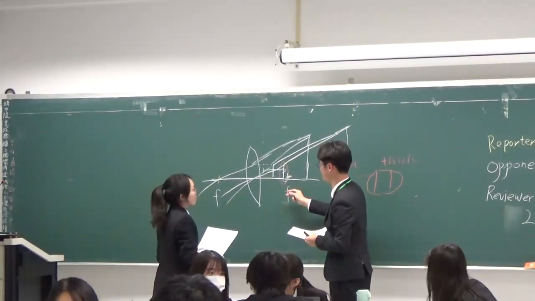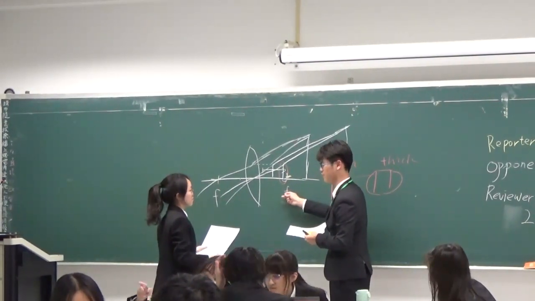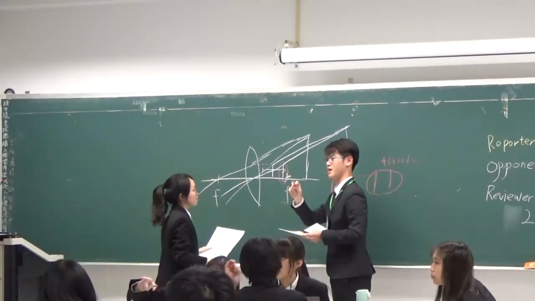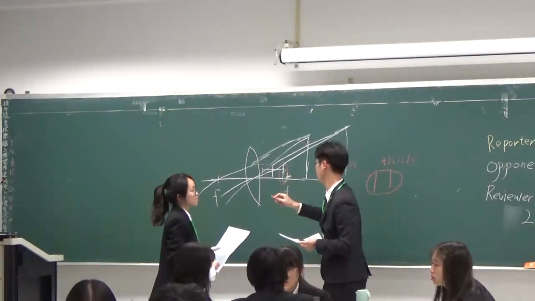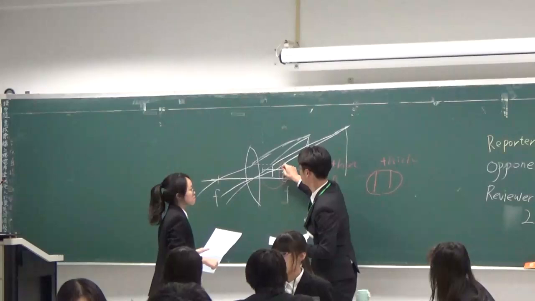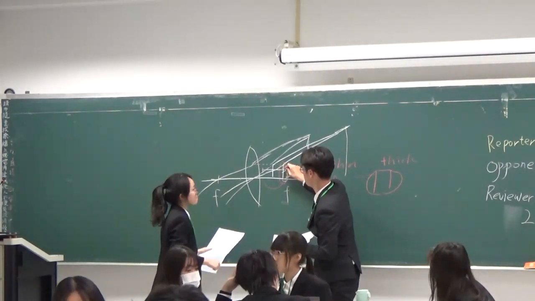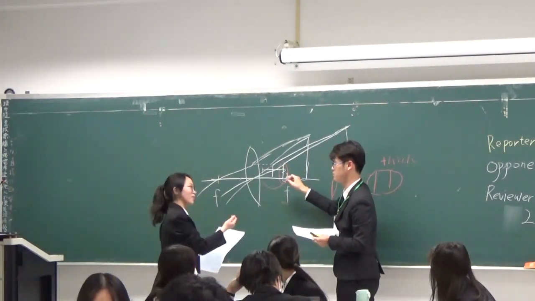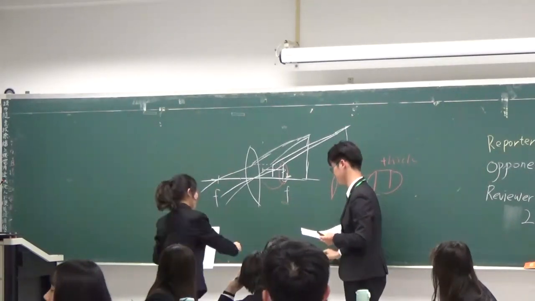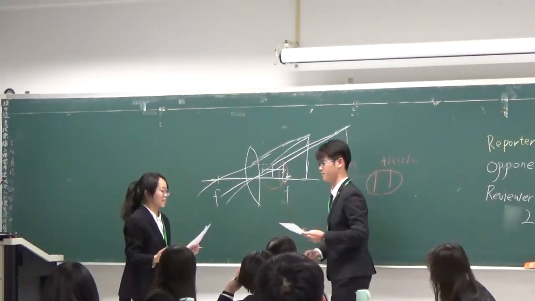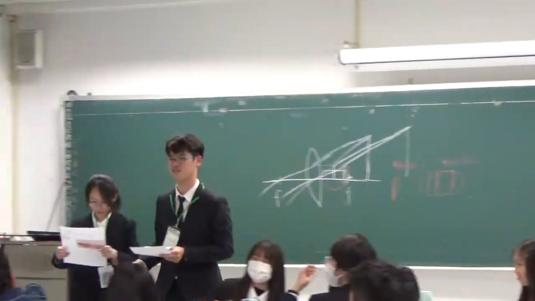Yes, you can explain with the focal length, right? But actually it just means that the focal length will not be changed, but the object is closer to the focal point. Yes, that's what I think. Okay, so you agree with my point, right? Yeah. Okay, so let's keep moving on.